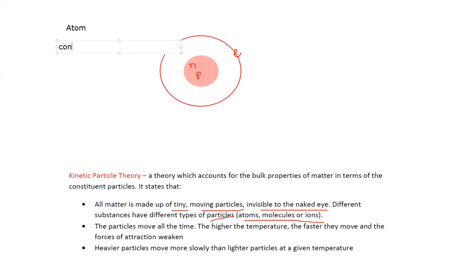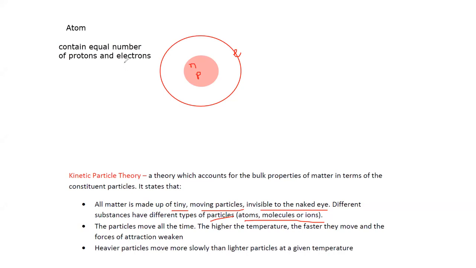An atom contains an equal number of protons and electrons. So when we have an equal number of protons and electrons, what do we call that?